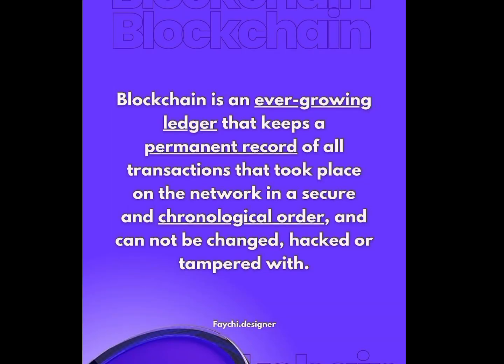Okay, so for the detailed explanation, blockchain is an ever-growing ledger that keeps a permanent record of all transactions that took place on the network in a secure and chronological order and cannot be changed, hacked, or tampered with.